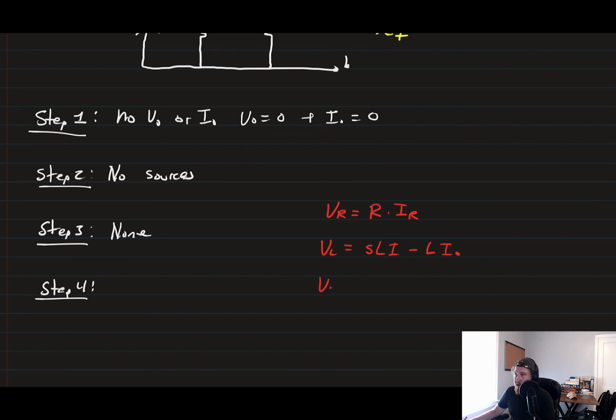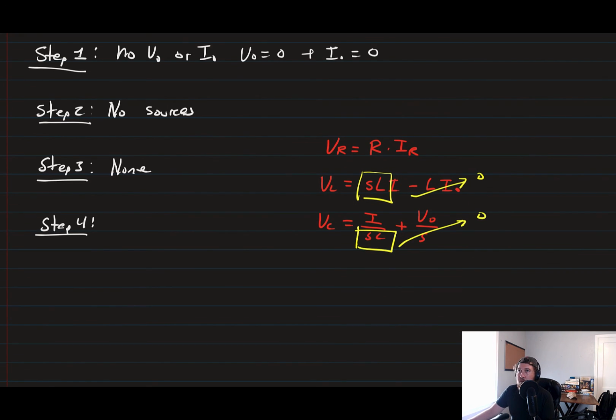And our VC is equal to I over SC plus V naught over S. Now remember, both of our initial conditions here are 0, so those terms will go straight to 0, and we'll keep our impedances for the inductor and for the capacitor.